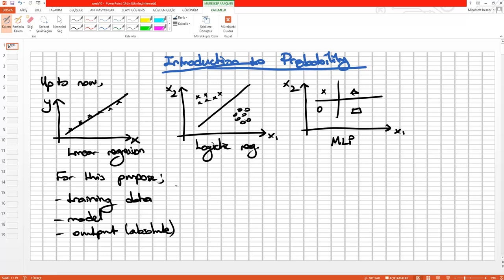In order to learn about this data representation, we should train the network, either logistic regression or linear regression or multi-layer perceptron. We have supervised or unsupervised learning.